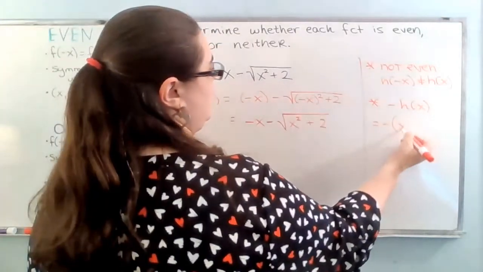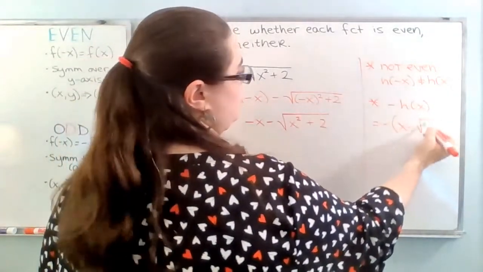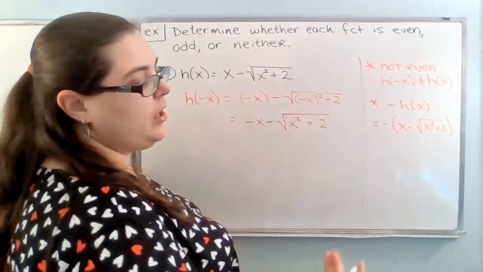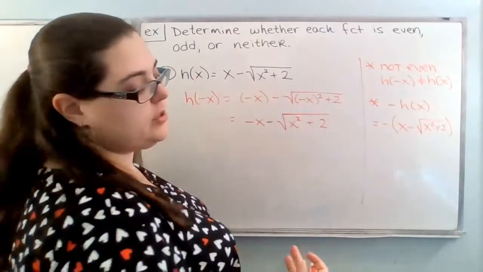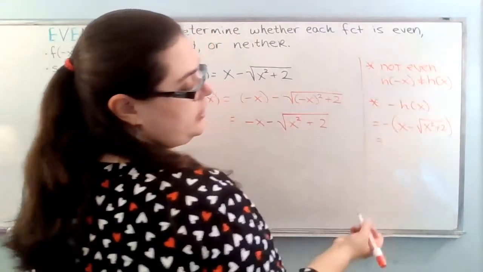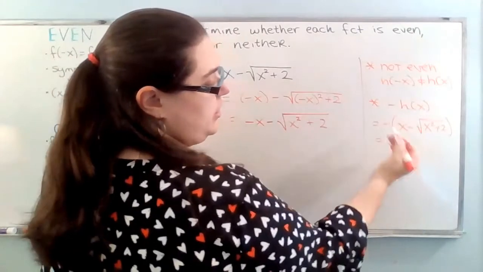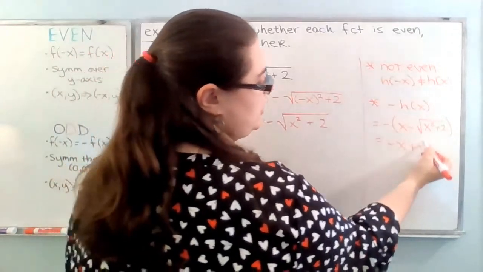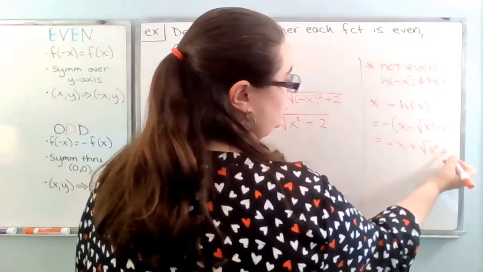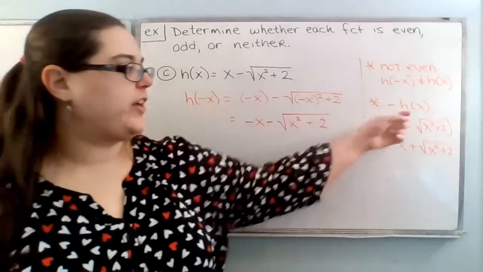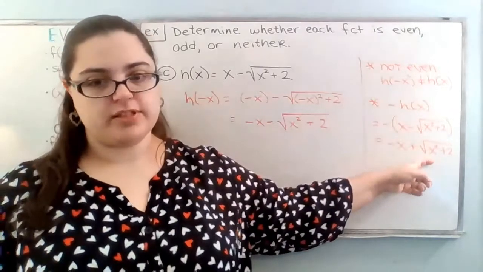So we have x minus the square root of x squared plus 2. So now if I want to negate that, distribute this negative sign, we get negative x minus a negative is plus the square root of x squared plus 2. So if I negate h of x, I end up with this expression here.